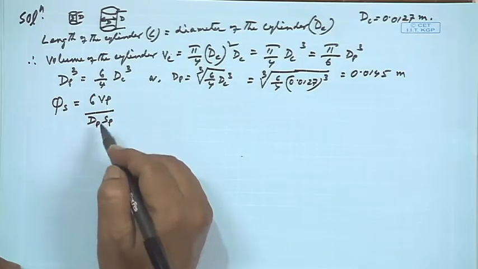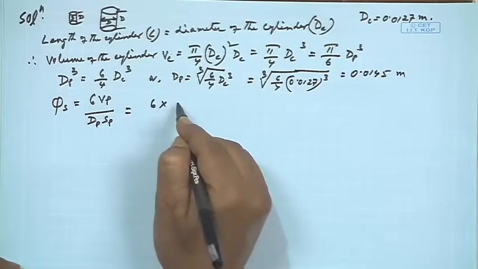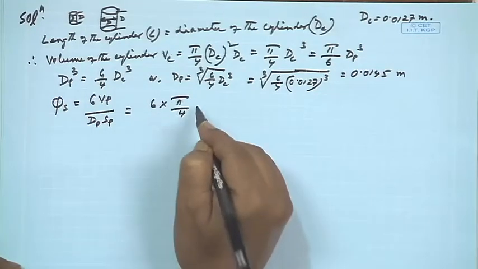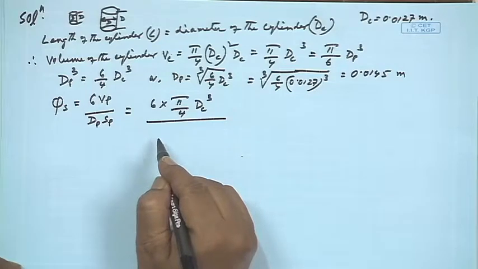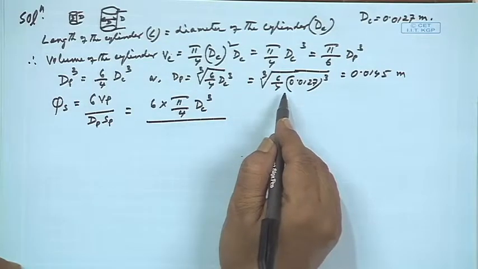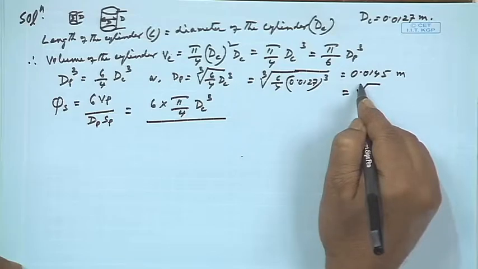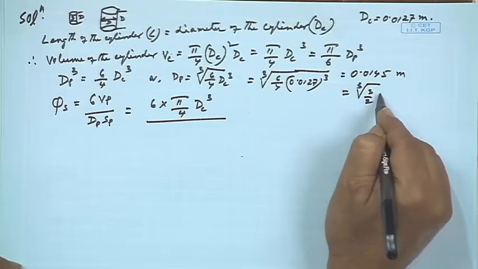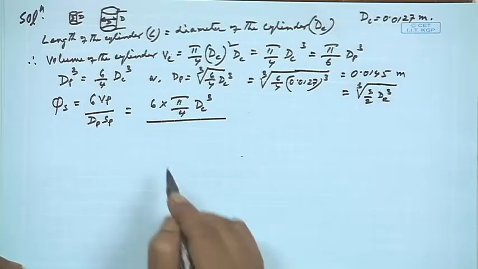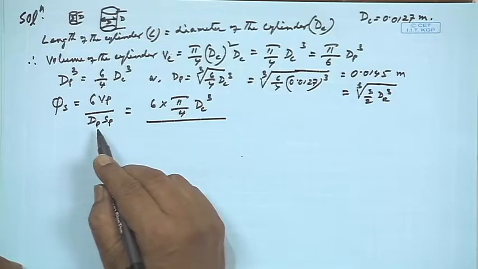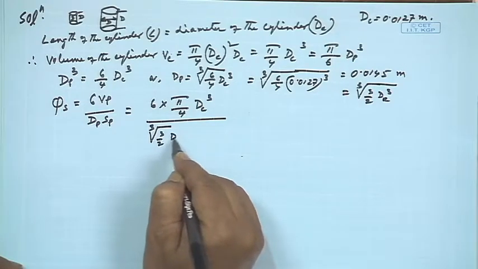Phi s is 6 Vp by dp sp, which is equal to 6 into pi by 4, Vp is pi by 4 dc cube, divided by dp, which we have already found out to be this value, but we can also write it as the cube root of 3 by 2 dc cube.